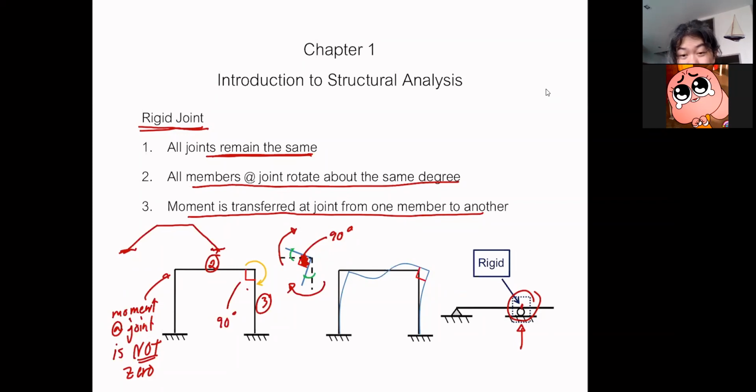So there is always a moment. The main difference between this and this is that this is a rigid joint, but it has a support, so it doesn't move. But this is a rigid joint that is in the air. So when we have the load, it can move. Creates more problem because there's no way anyone can put the support up in the air like that.